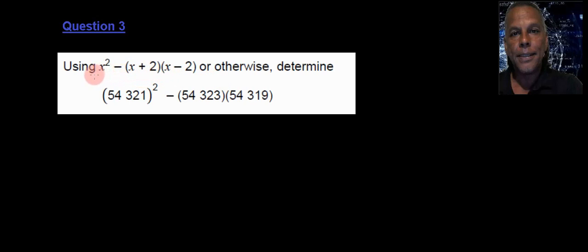We're given this expression in x, so they say using this expression, determine the value of this expression. Now, we want to look at this expression here with these numbers a little bit more carefully. We have 54,321 all squared.